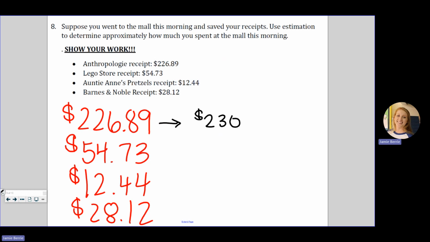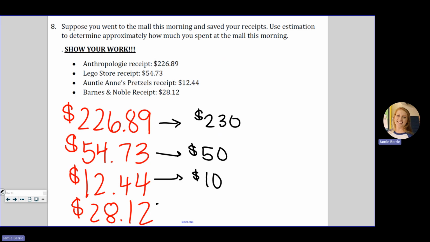What about 54.73? What would you round that to? 50? So about 50. $12.44, about 10. And then $28.12, about 30.